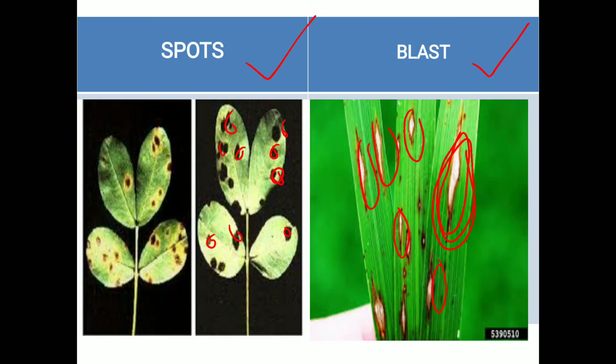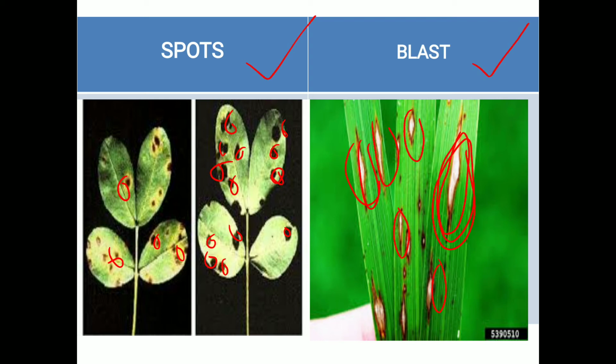Next one is spot. Spot means that due to the infection of a pathogen, there is a sudden destruction of tissue, and due to that, localized lesions or spots are formed. Brownish or blackish spots are observed on the leaves. The next one is blast.